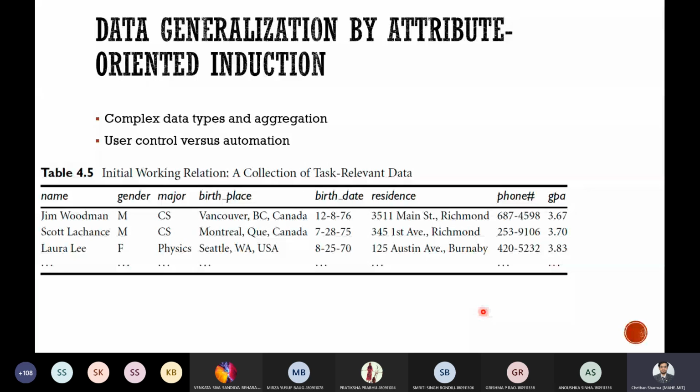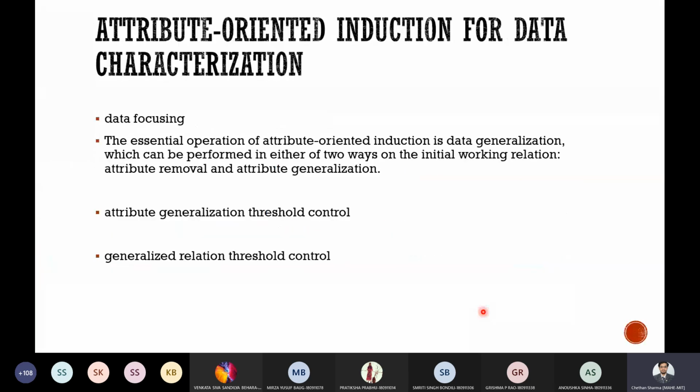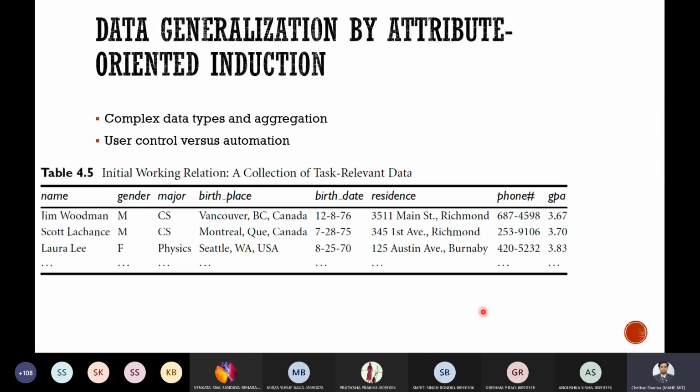How to apply this attribute oriented induction given a particular scenario, I hope it's clear. The only thing you have to remember is if there are too many distinct values and no concept hierarchy can be applied, remove that particular attribute.